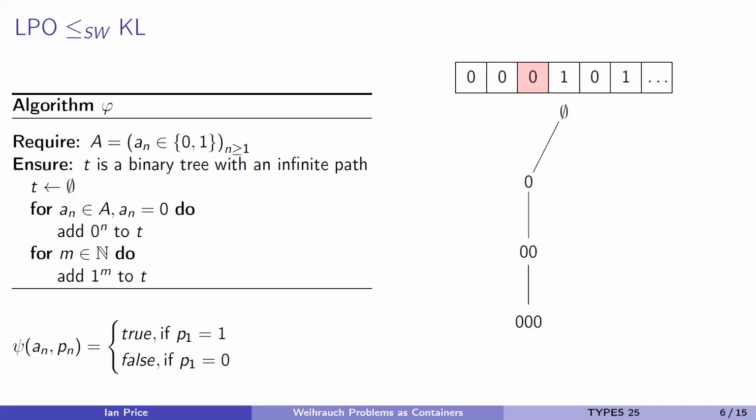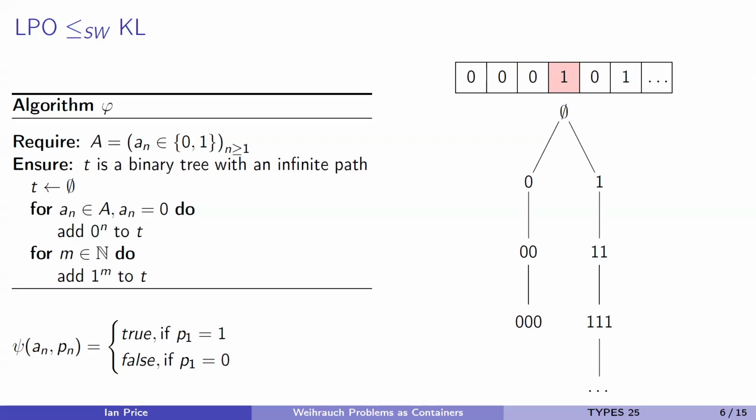If I only ever see zeros, I'm going to end up with this tremendously degenerate binary tree that's just a big sequence down the left. Whereas if I ever see a one, I stop and start again from the beginning and go down the right instead. The important thing about this procedure is that, one, it gives you an infinite binary tree, and two, there's a unique infinite path in this one.